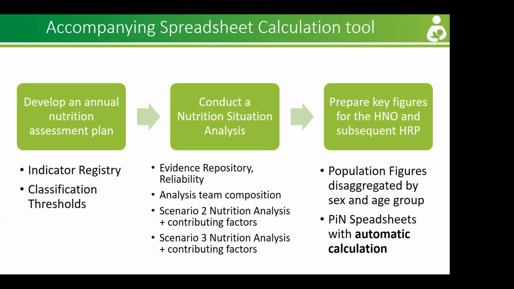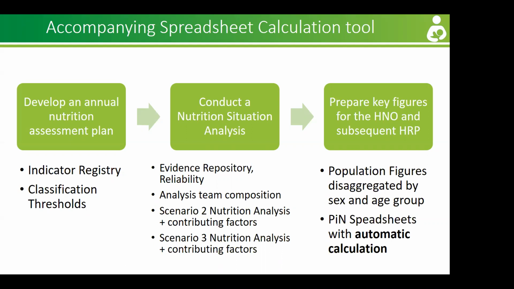The different steps on how to conduct a nutrition situation analysis. So we have a repository of all the evidence and its reliability. We also have a spreadsheet on the analysis team composition. This was also inspired, to say the least, from the IPC acute malnutrition tools.